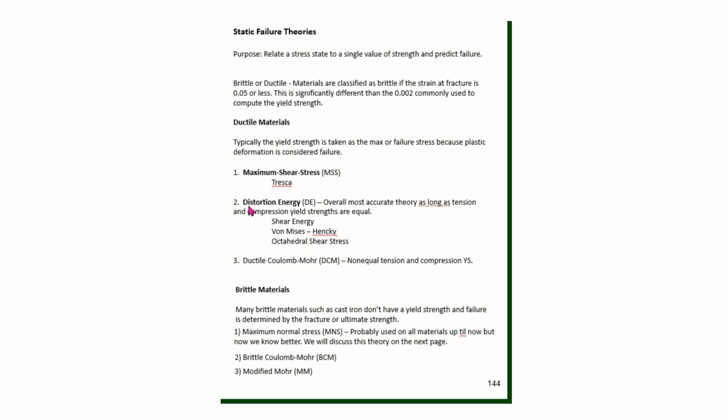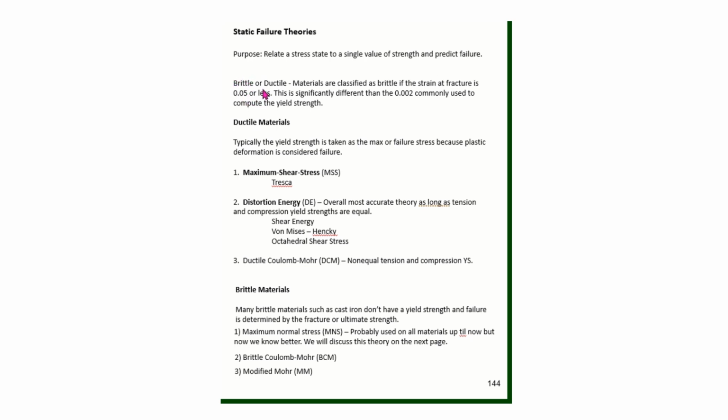So, in review, we talked about ductile material failure theories, and we decided that ductile materials were determined by a strain at fracture of less than 0.05. So if your strain at fracture is less than or equal to 0.05, your material will be a brittle material.